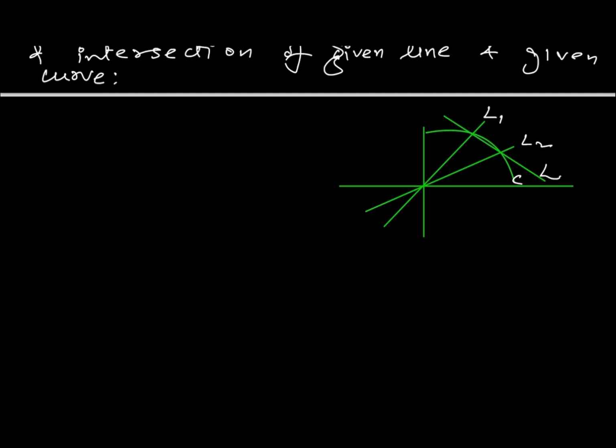So we need to homogenize this curve, okay, and this curve is of second degree, but not all terms of this curve are of second degree. So we need to homogenize this curve, means make every term of 2 degree.